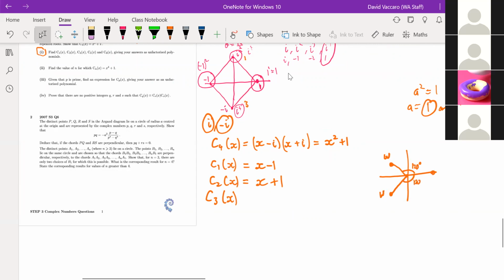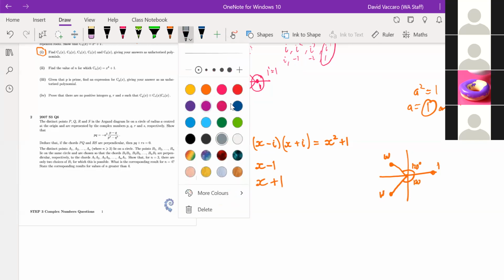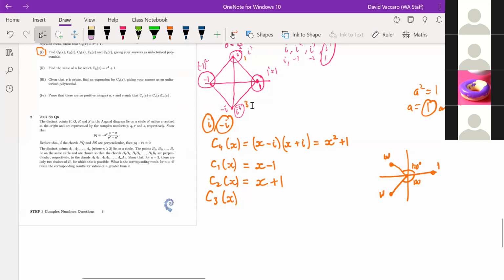There's another cube root, which is 1, but that's not going to be a primitive one. So the two primitive roots are omega and omega squared.